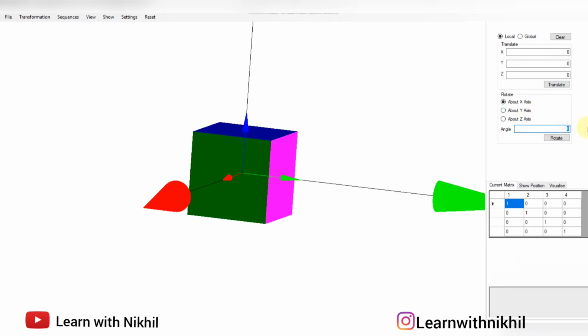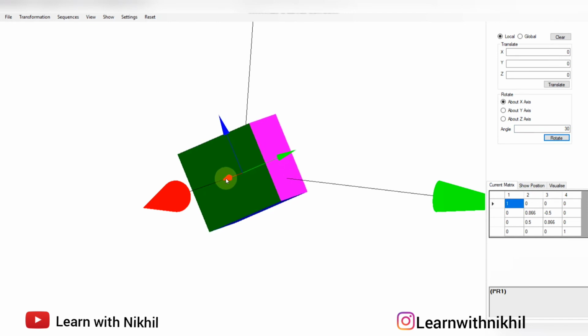So I am giving an angle of maybe 30 degrees. I'll click on rotate. So as you can see, this part was parallel and it is parallel to the x axis. So this is rotation about x axis. So this point is common and this has rotated like this. So there is some angle, this angle is 30 degrees.